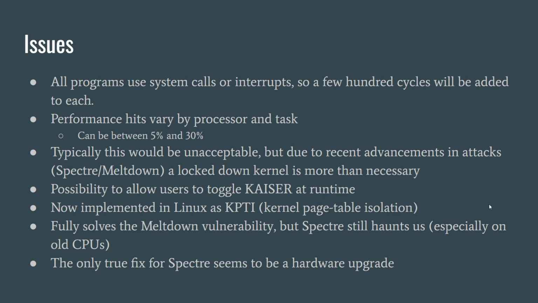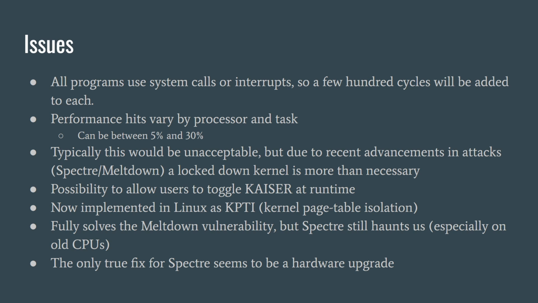So there are a few issues with this. Since all programs use system calls or interrupts, a few hundred cycles will be added to each operation. Performance hits can vary by processor and task, but we have seen between 5 and 30% performance hits, which would typically be unacceptable.